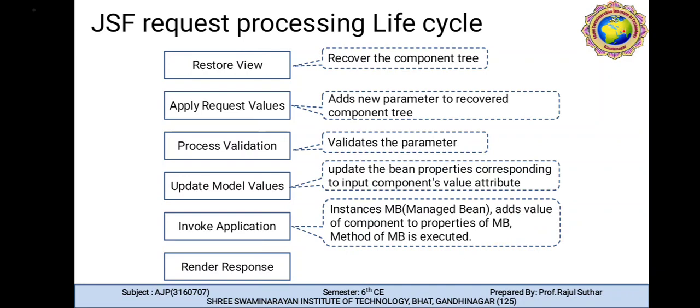And invoke application is required to manage the bean, adding the value of the component to the property of the MB. MB is nothing but the managed bean. This method is executed. And last one, it adds the value to the attributes of the component tree and generates the HTML code.